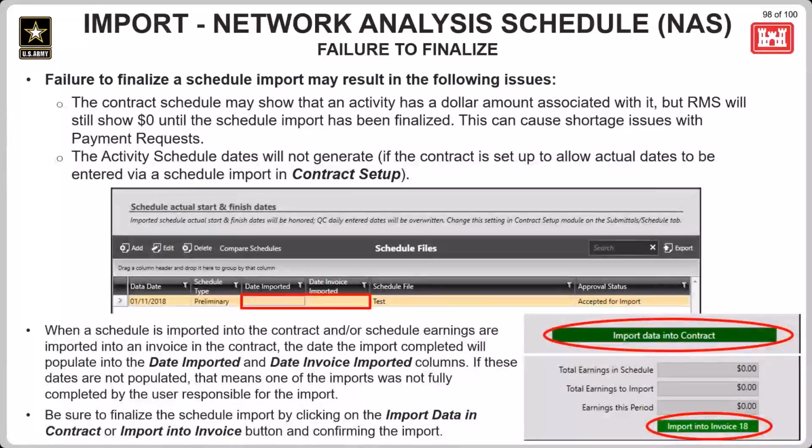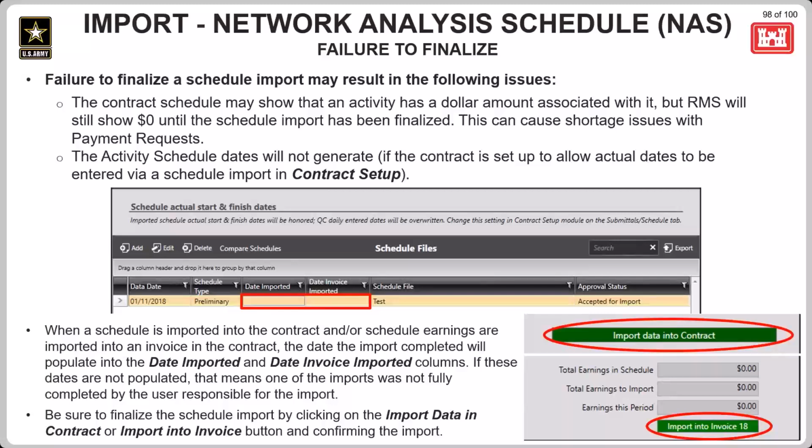For example, if an activity that is currently in RMS is set to $0, but the schedule import is supposed to update that activity to have $100, then if the user imports into the invoice first, that activity is still going to have $0 on it because the activity has not been updated with the schedule import yet.